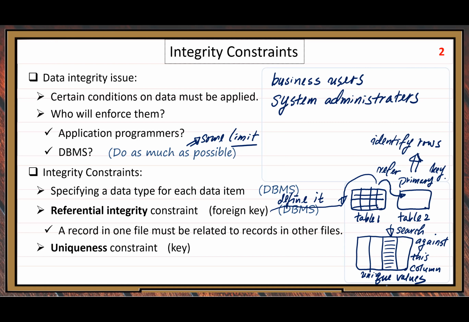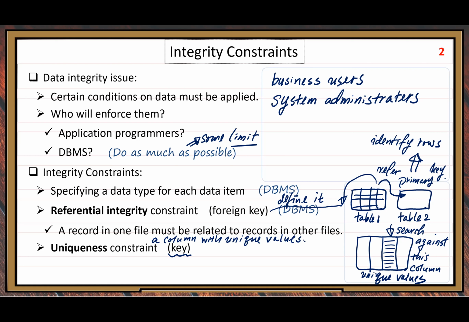And here the name, key. If a column has the uniqueness property, we call that column a key. So here the key: a column with unique values.